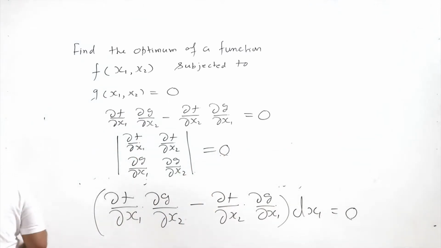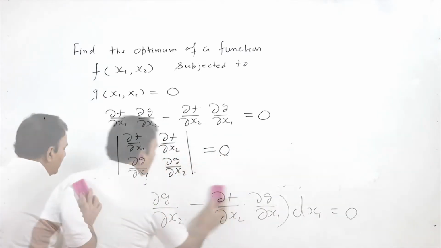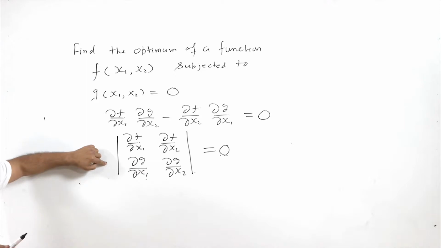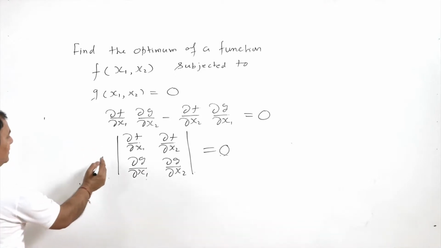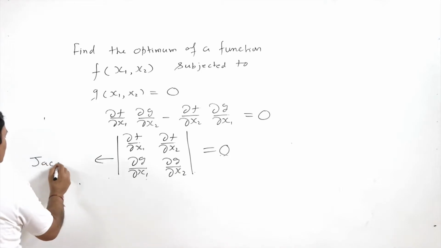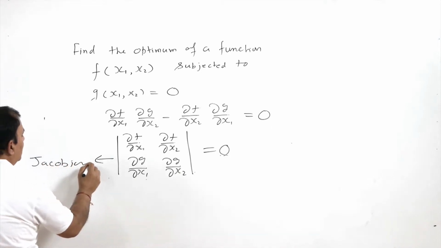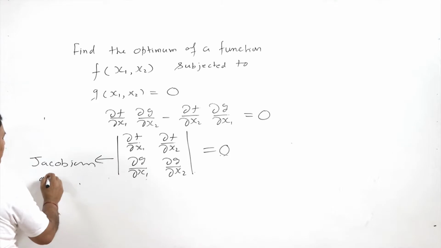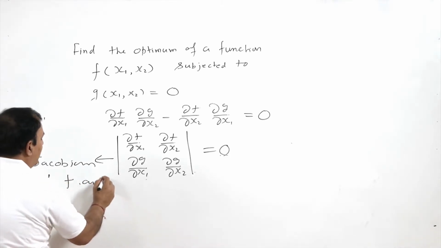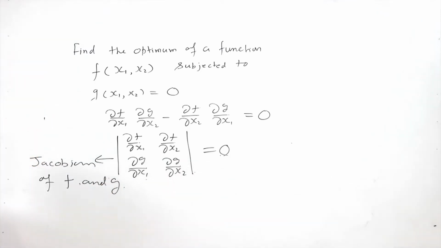So, for extrema of a functional, my condition will be this must be equal to 0, and this is nothing but what we call the Jacobian of f and g.